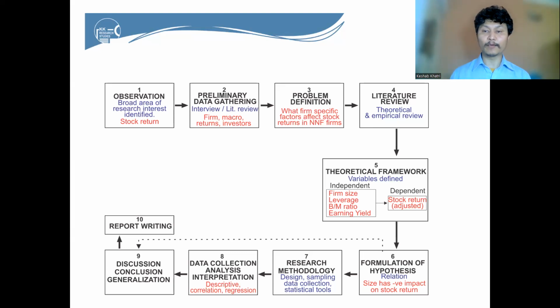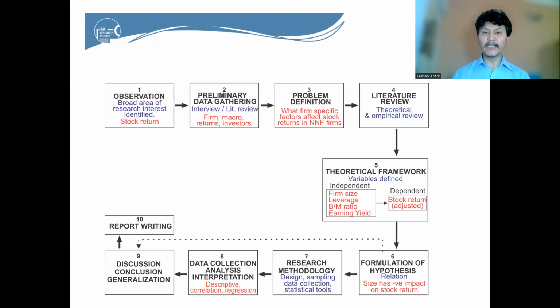So after we define the problem, then we move on to the literature review. So here in this section of the literature review, it's a broad section where we want to know more about the problem. We want to know more about different factors that can affect the stock returns. And also we want to know theoretically and empirically, like what are the factors that have been observed to impact the stock returns in different parts of the world and in different periods of time and different types of economies.